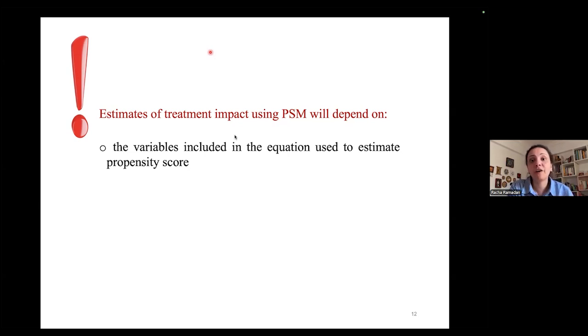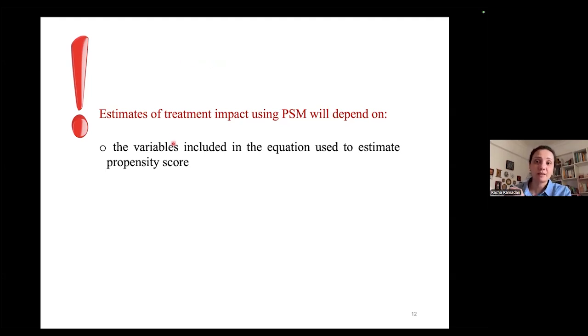On the opposite, if I tell you to just take education, gender and age, I can match a lot of individuals based on them, but I will not be controlling for other characteristics like the experience, the geographical location, the marital status, the employment status. So again, it is really important that you find the number of variables and which variables to include.